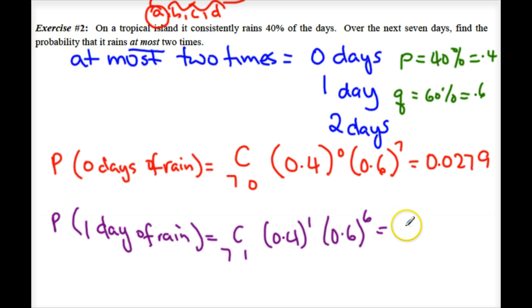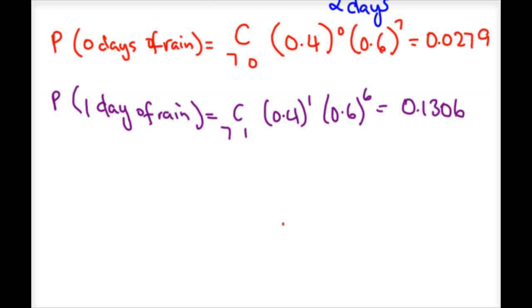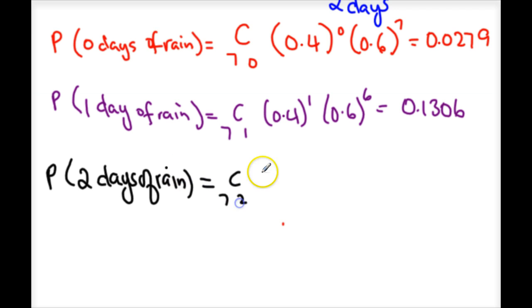Plug this in the calculator, I will get 0.1306. Let's just use 4 decimal places. And then the probability that it will rain 2 days will be 7 choose 2, 0.4 squared, and 0.6 to the fifth.